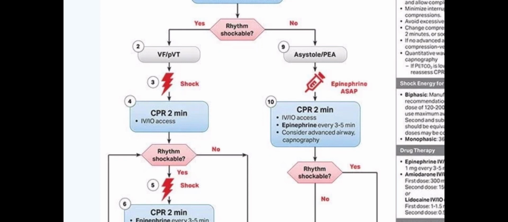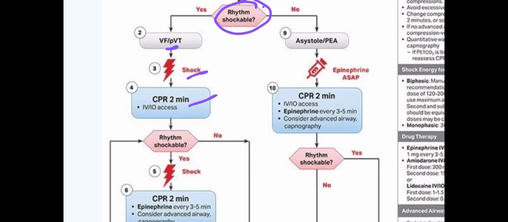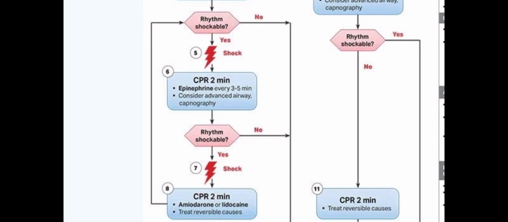So you have started the CPR, give oxygen, attach the monitor and defibrillator, check the rhythm whether it is shockable or not. If it is a shockable rhythm, as in VFib and pulseless VT, give a shock and resume the CPR. Then again check the rhythm in 2 minutes. If it's still a shockable rhythm, you can give a shock and then CPR for 2 minutes.